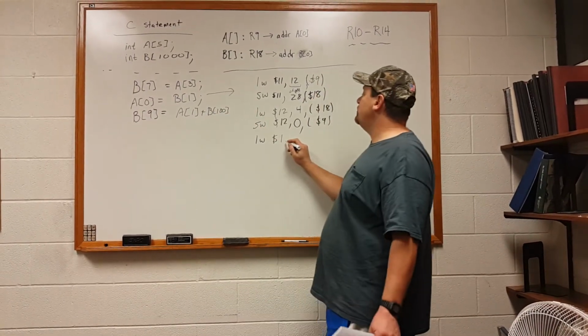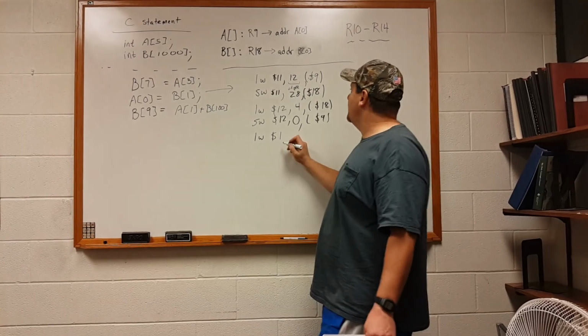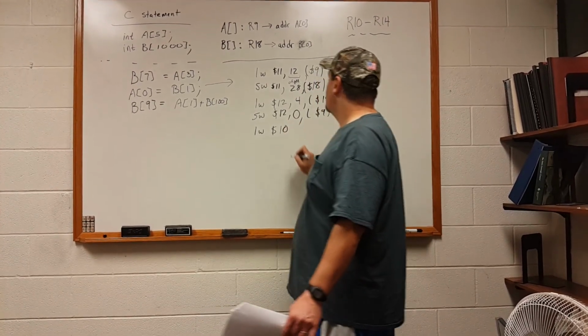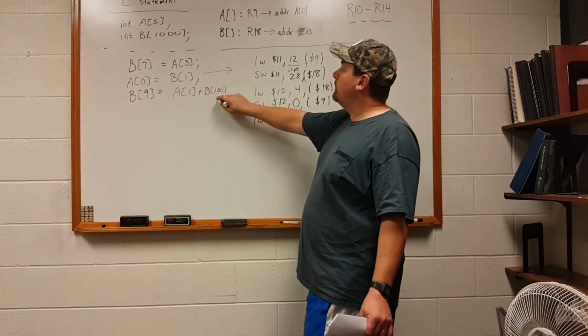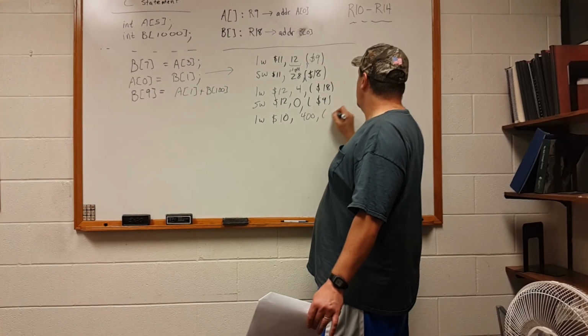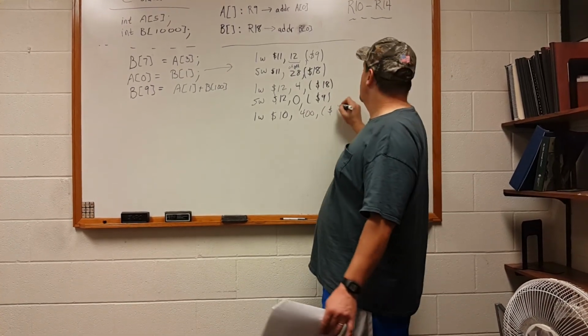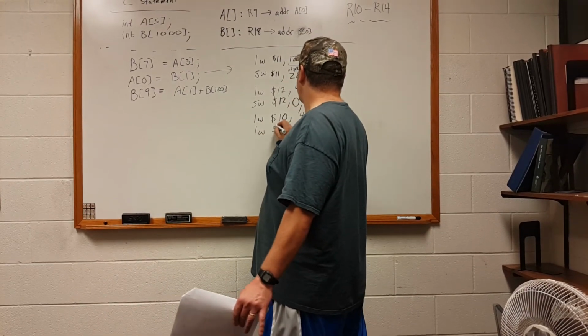We're going to need to choose a trash register. Which trash register do we want? Oh, I heard R10. So R10 is going to be the trash register, and we want to put B of 100 in it, so we need 400 bytes. Then, what is the base of B? That's in 18.